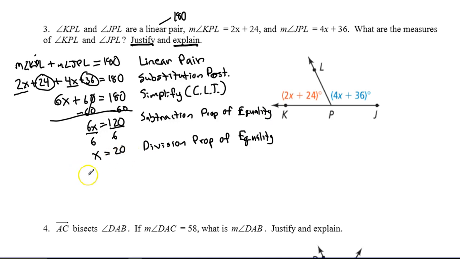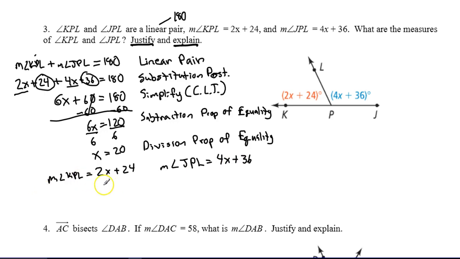Okay, so now our final step here is we wanted to figure out what are the measures of those angles. So the measure of angle KPL is 2x plus 24, and the measure of angle JPL is 4x plus 36.